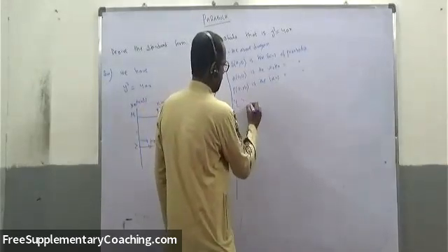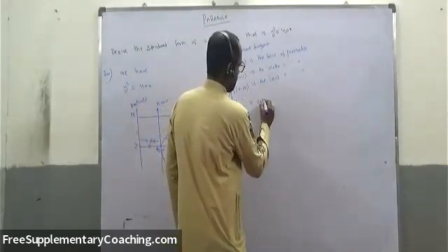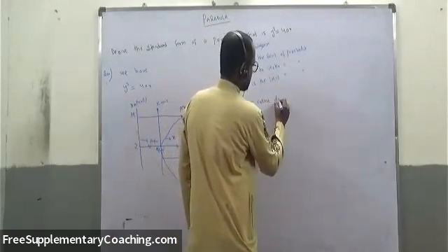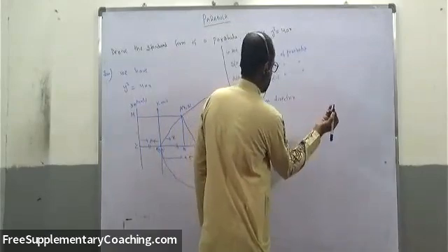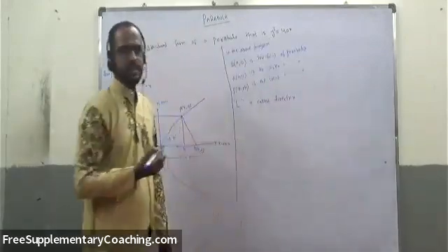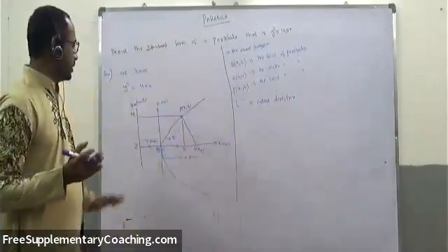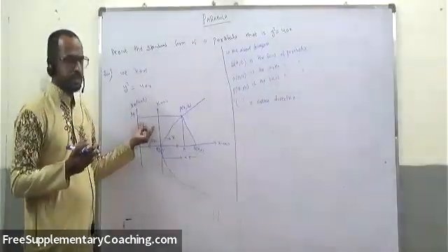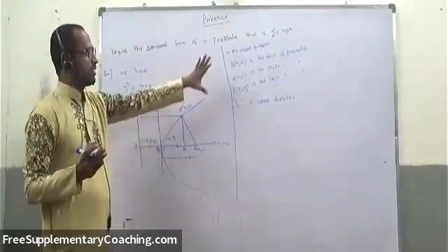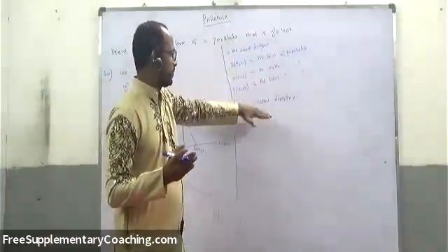L is called directrix of parabola. So all the things which I have mentioned here in this diagram, I have indicated each and everything.